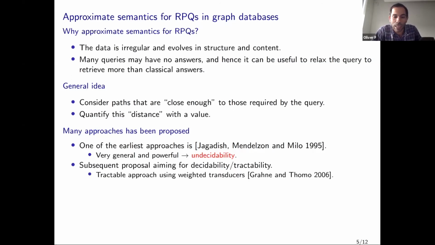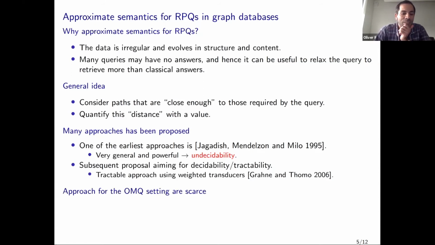In particular, there is one which uses weighted transducers, and it is the one that we are going to look at here.